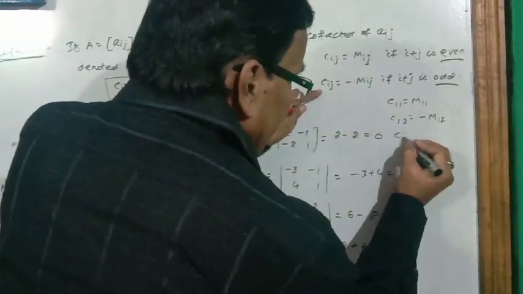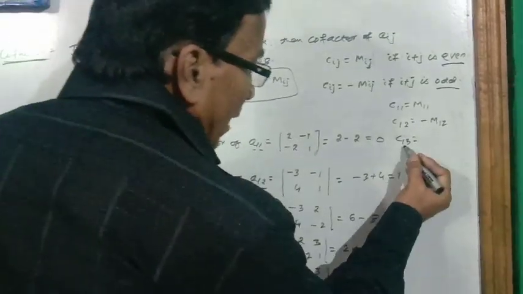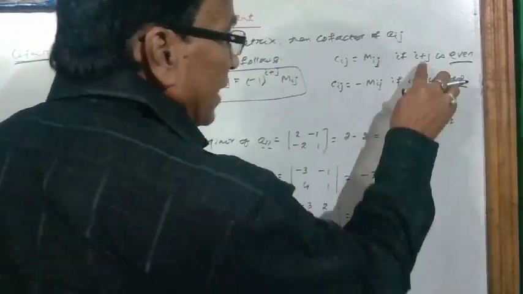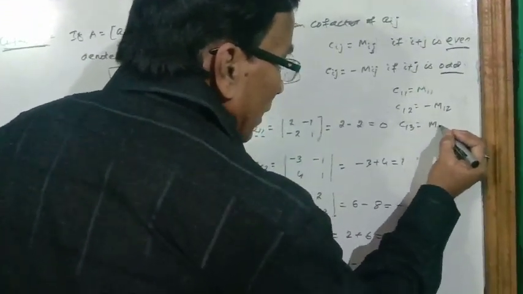Again, we take C13. 1 plus 3 is even, so its value C13 is equal to M13.